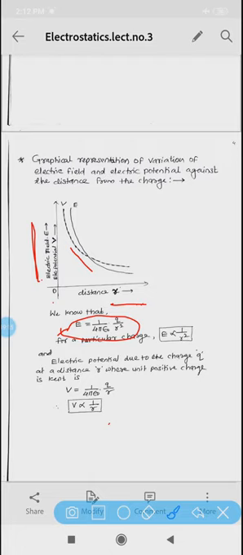But at a particular distance here, the electric field intensity and electric potential are the same. So this is all about the graphical representation of variation of electric field and electric potential against the distance from the given charge. Okay.